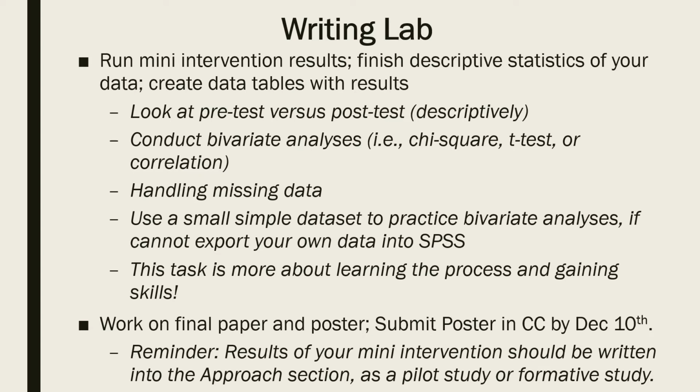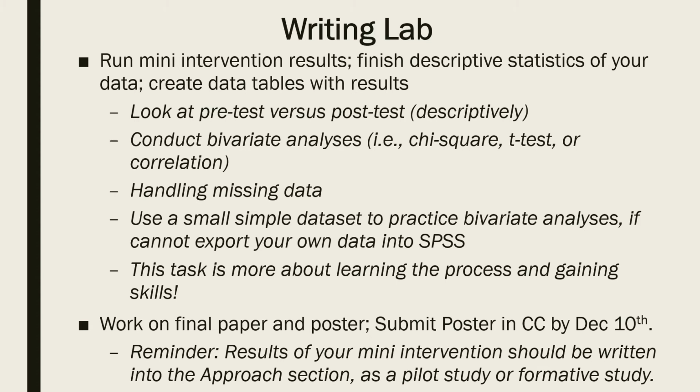Okay, so for our writing lab, last week you explored some of the descriptives, and it's okay if some of you couldn't export all your data. But hopefully you're at least able to look at the descriptives. So what I want you to do for this writing lab this week is to look at your data, run some statistics, look at your results. Definitely for everyone, make sure you have at least finished your descriptive statistics.